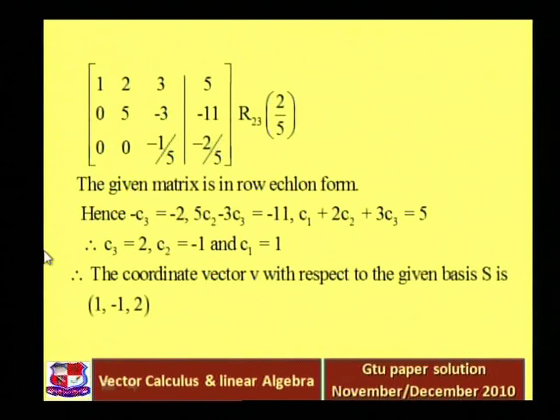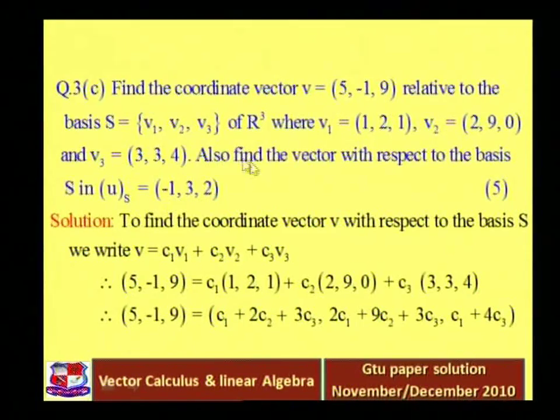Okay, so next question. In this question, also find the vector in U with respect to basis S, whose coordinate vector is equal to minus 1 3 2. So in this case we want to find the vector such that the coordinate vector is minus 1 3 2.